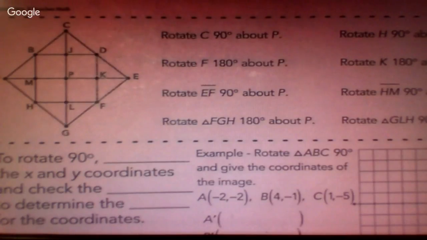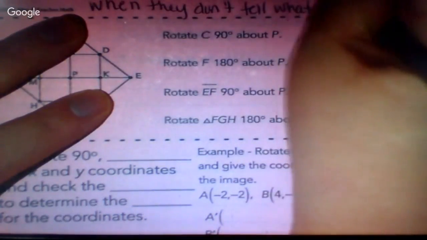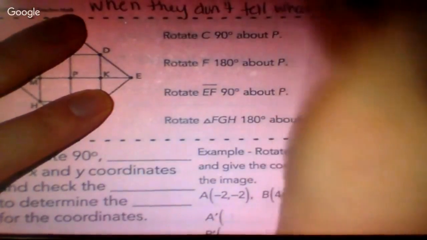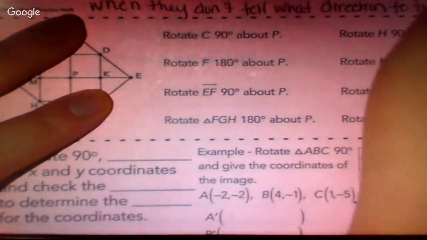Okay. One thing you need to know. When they don't tell you what direction to turn, it's always counterclockwise. So I would make a note of that somewhere here. When they don't tell you what direction to turn, it's counterclockwise.